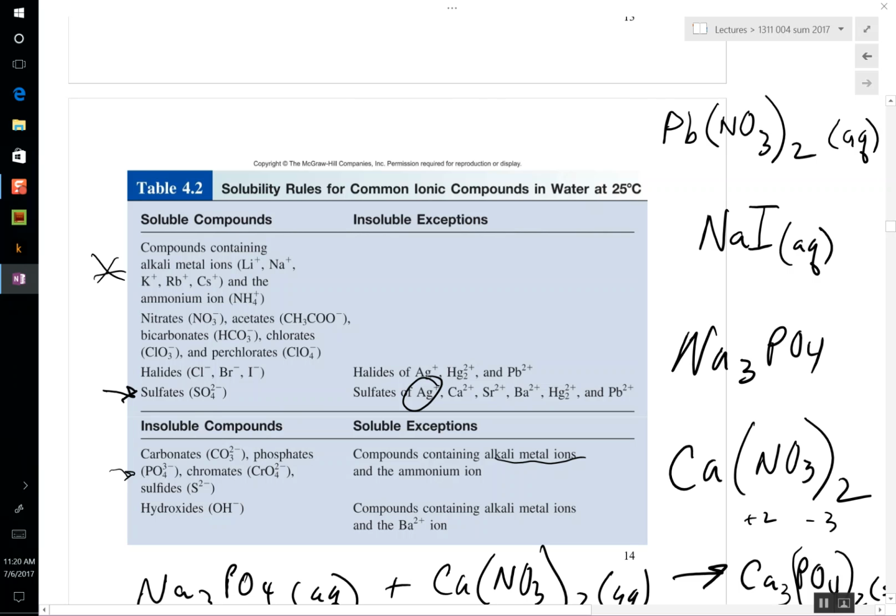Now we call these spectator ions. So just take them out of there. We could subtract 2 sodiums from both sides of this equation, and they would disappear. You've got the nitrate. Nothing happens to it. It starts out as aqueous nitrate ions. It ends up as aqueous nitrate ions. It really did not get involved in this reaction. You with me? We call those spectator ions.